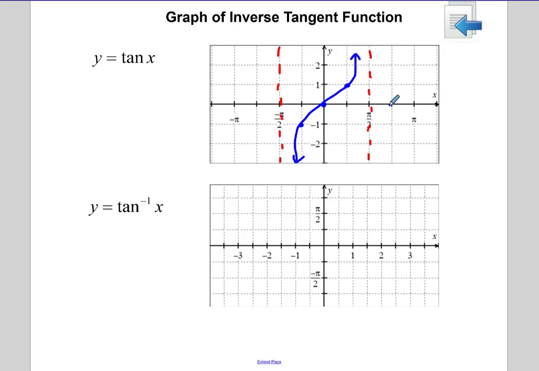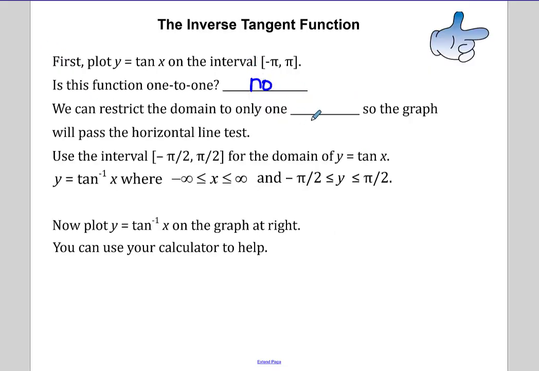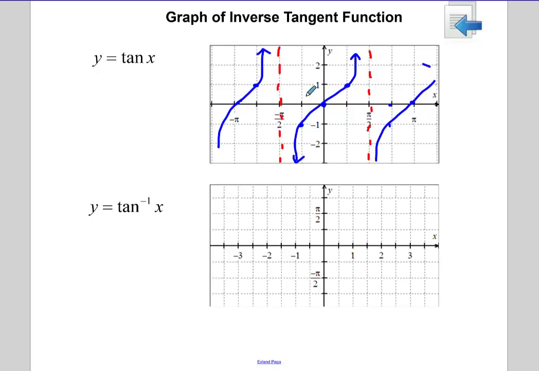If we did other branches, you can see it's not going to be 1 to 1 because it fails the horizontal line test. So it is not 1-to-1. We can restrict the domain to only one period, so the graph will pass the horizontal line test. And if we just ignored this branch and this branch, we have gone through every value of tangent.